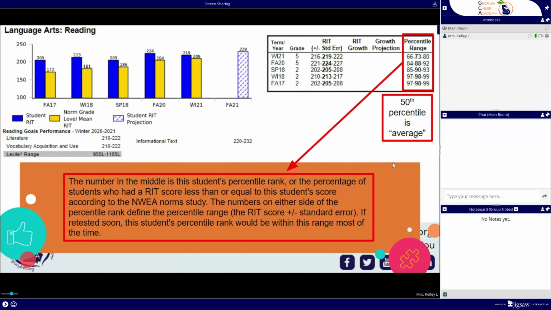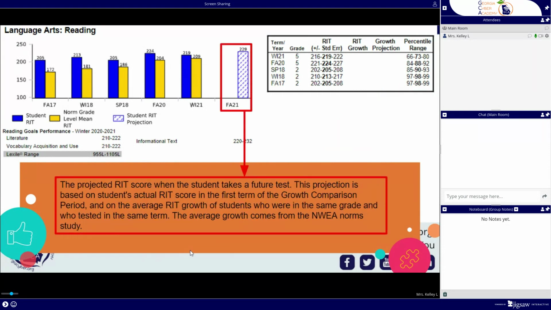If they're below the 50th percentile, they're considered below grade level. And again, the dashed lines are their prediction for where the student would possibly test the next time they took the test. That's based on statistics and data from students within a similar grade level across the United States.